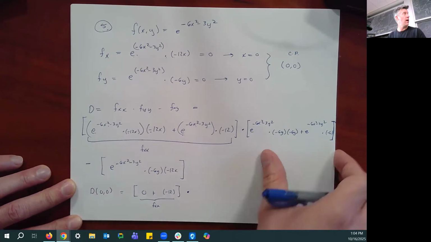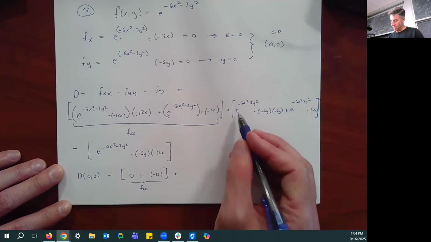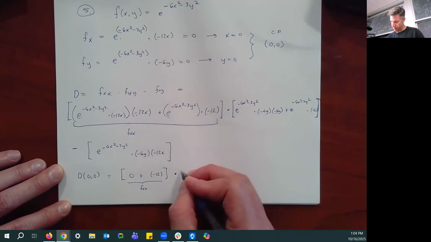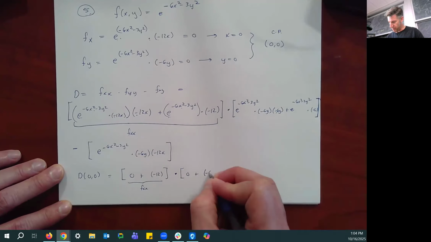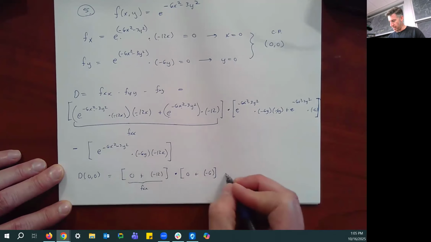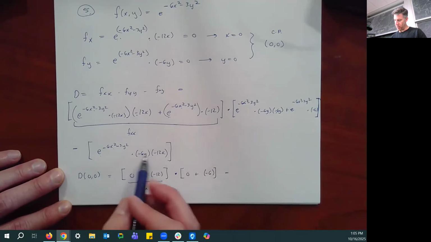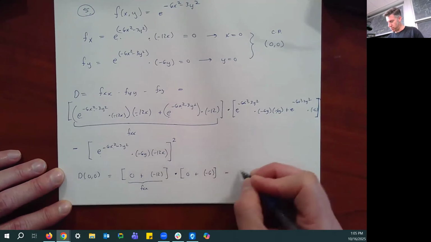And then times, we're going to get e to the 0 times 0 times 0 plus e to the 0 times negative 6 minus e to the 0 times 0 times 0. Oh, squared.